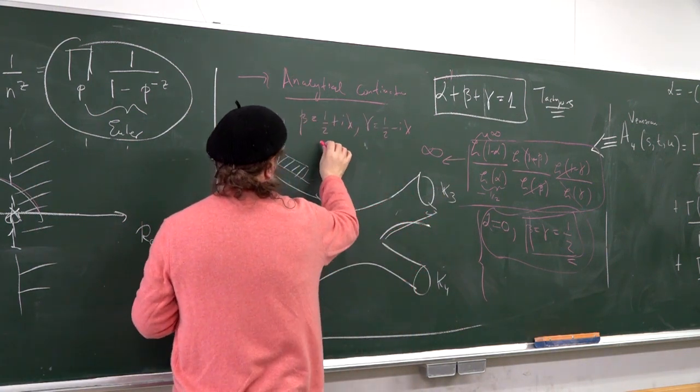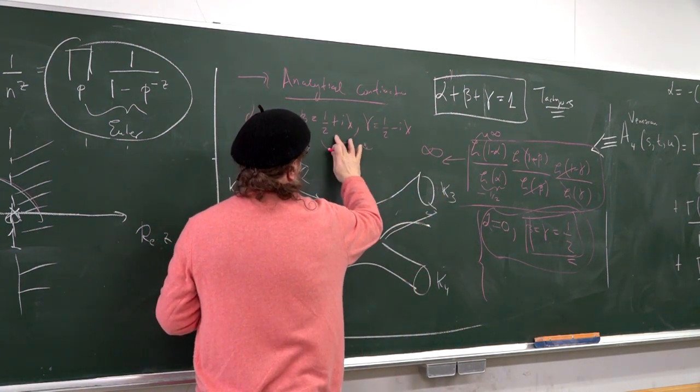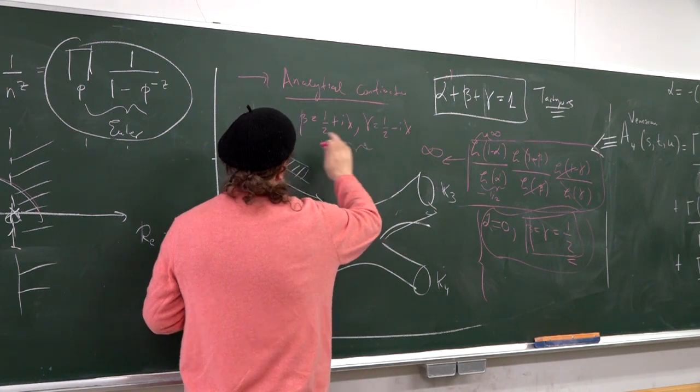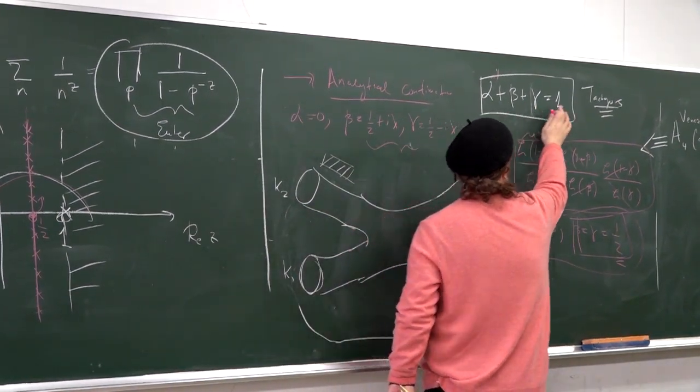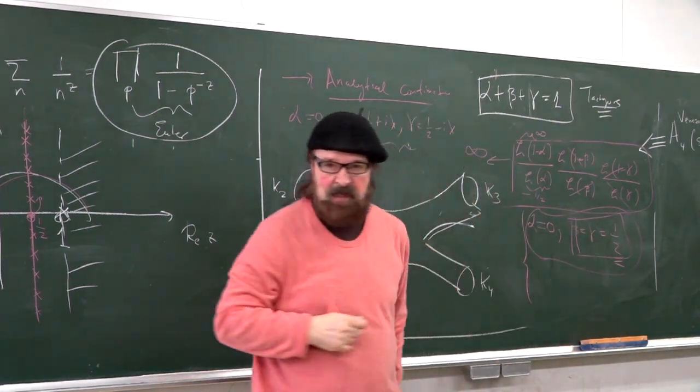Notice that beta plus gamma, in that case, is equal to 1. This is 0, and I still satisfy this relationship. I haven't violated that relationship.